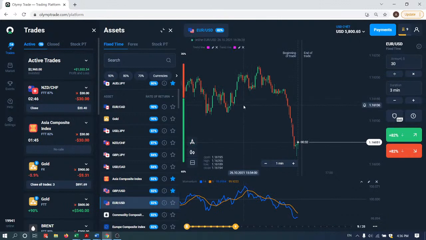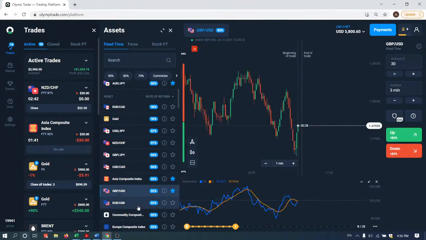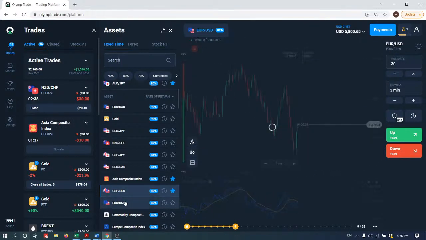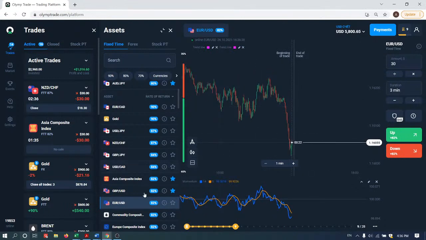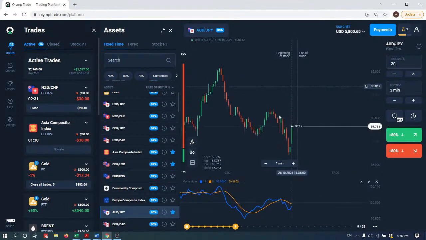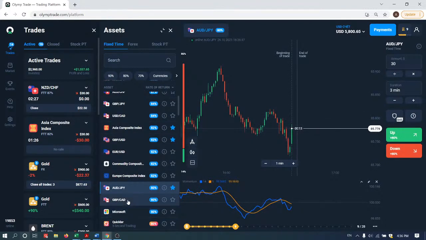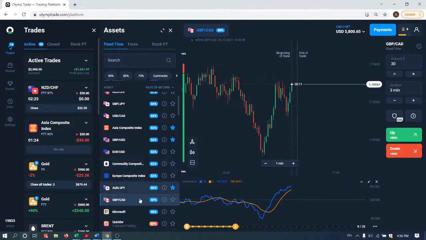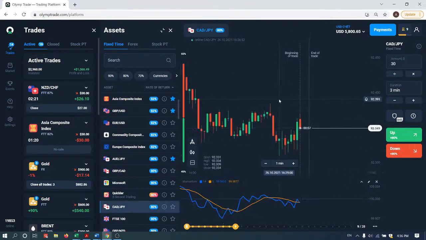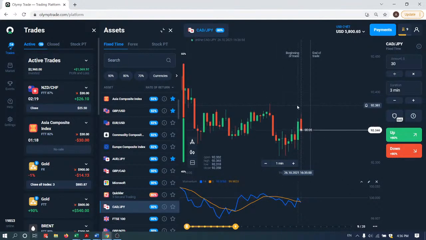You either block all your accounts and then open a completely fresh new account, or you block all of them except one, and then you will probably need to pass the KYC procedures once again, and then you can just continue trading on that account. So yeah, it's as simple as that.